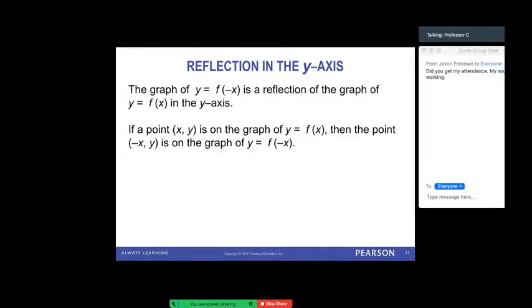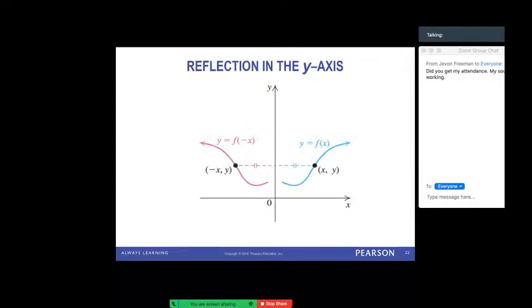It's a similar notion for the y-axis. Instead of multiplying the outside by a negative, if we multiply the inside of our basic function by a negative, then it flips over the y-axis. So if we multiply the inside by a negative, it flips horizontally over the y-axis.